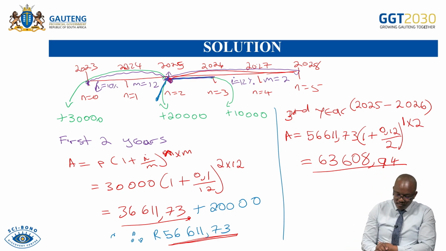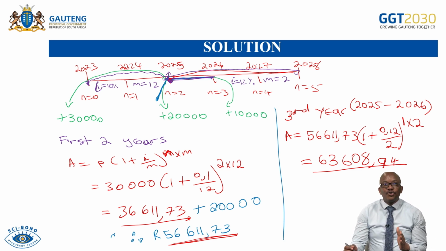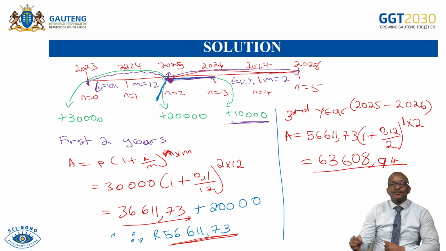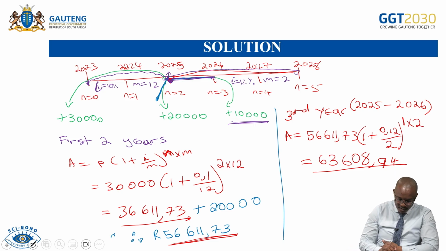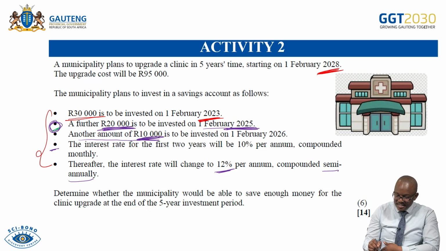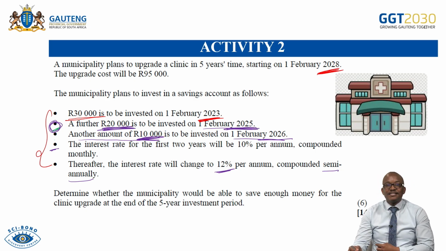Then now, from 2025 to 2026, we still have to calculate the interest during that year, because at the end of 2026, there is another 10,000 that will be added. From our scenario here, they're saying a further amount of 10,000 is to be invested on February 2026.